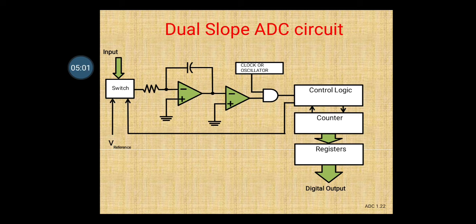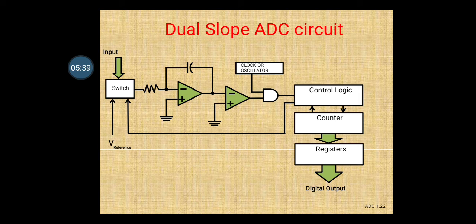The second point, the plus point, is called the non-inverting terminal. These are the two input terminals. The plus sign is the non-inverting terminal, and the minus sign is the inverting terminal. If two voltages are applied to these two points, for example V1 is applied to the minus terminal and V2 to the plus terminal, and the operational amplifier is used as a comparator, then the output will be V2 minus V1.